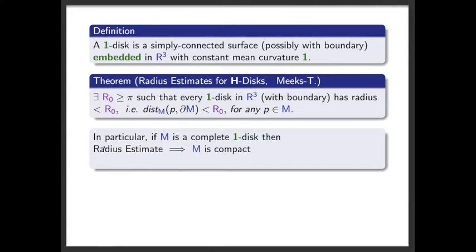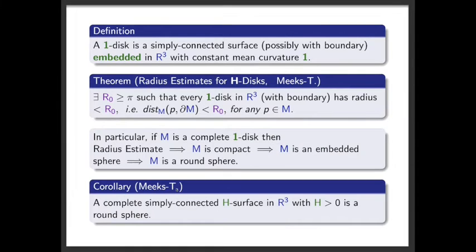Therefore, with this result, it's fairly easy to classify the round sphere, because the radius estimate implies that if you have something which is complete, then it is compact, and then it is an embedded sphere because it's simply connected and embedded. And then once you get to this point, you can use your favorite theorem, either Hopf or Alexandrov, to say that it's in fact a round sphere.